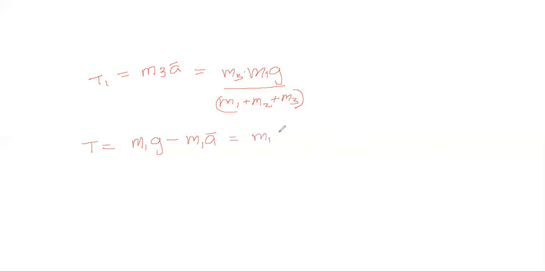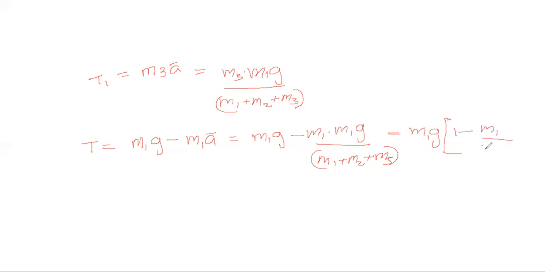We will get m1g minus m1 times m1g divided by m1 plus m2 plus m3. Now we have m1g as a common factor, so we can take it out: m1g times 1 minus m1 divided by m1 plus m2 plus m3 is the tension.